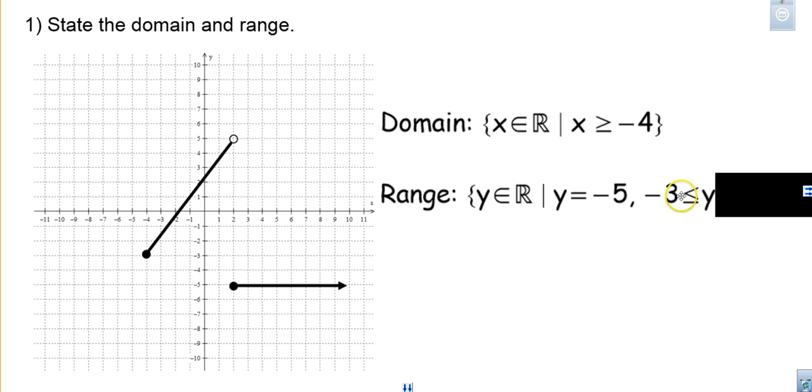So remember, for your less than and greater than signs, pretend it's an alligator mouth and y is greater, so the alligator is eating the bigger snack. Now this piece of the function goes up and up and up all the way to 5, but because 5 is not included, I'm not going to have the equal to sign underneath of that. So this means that y is less than 5, but not equal to it.